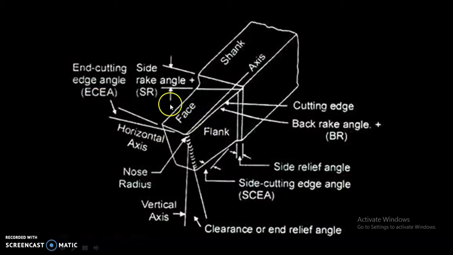This is the cutting surfaces, and here you can see the face of the tool, flank of the tool, etc. And here this is the cutting edge. This is the cutting edge, and this is the end cutting edge, and this is the side cutting edge.